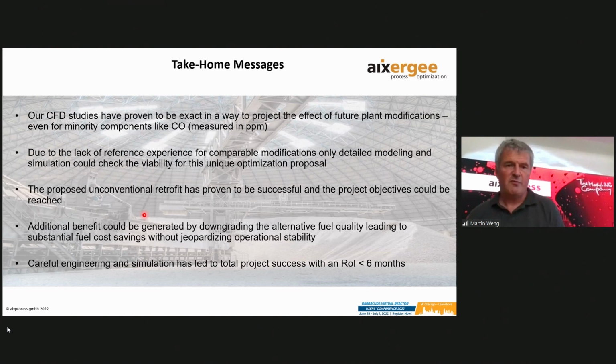Take-home messages from that. These CFD studies, or CPFD studies, have proven to be exact in a way. Not really, they are not verified, you saw. We have made some assumptions of terminal flow to characterize these heterogeneous particles, the heterogeneous fuels. We have done some simplifications in kinetics.